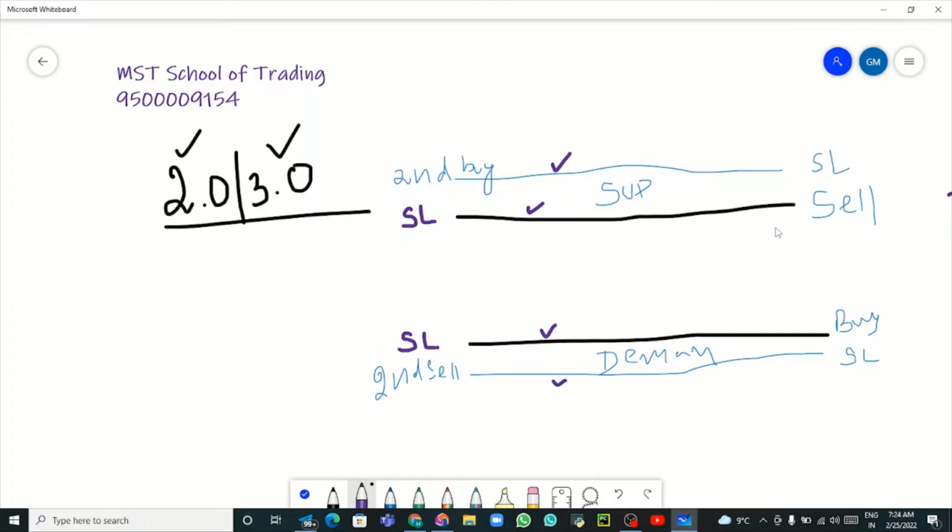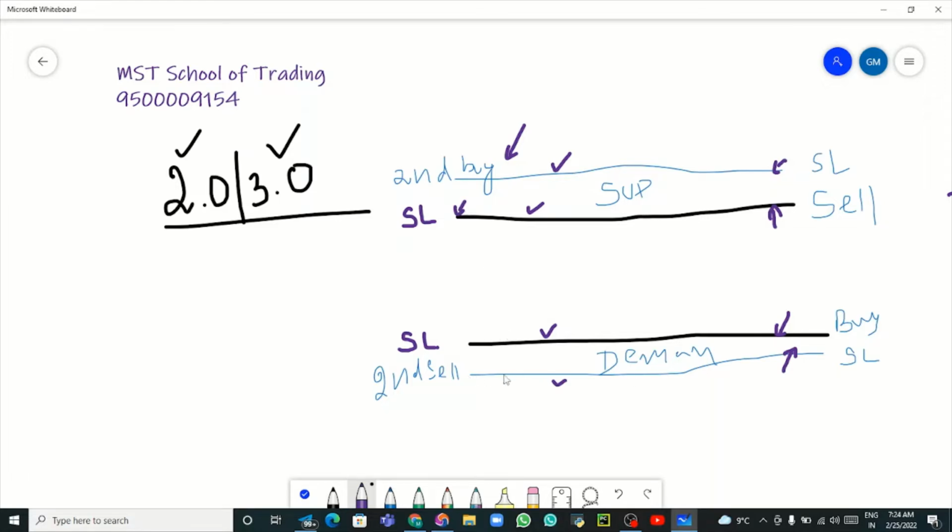And this will be our first sell entry, and this will be our first sell SL. And this will be our first buy entry and this will be our first buy SL. Similarly, the first sell SL will be the second buy entry and the first sell entry will be the second buy SL.